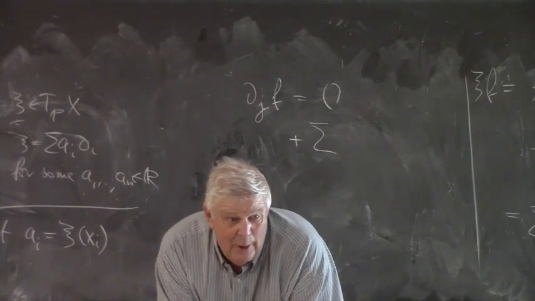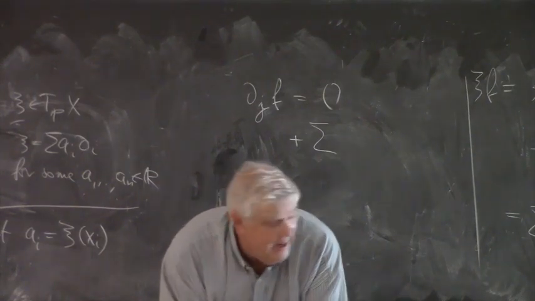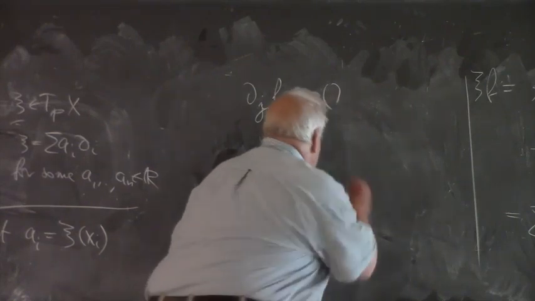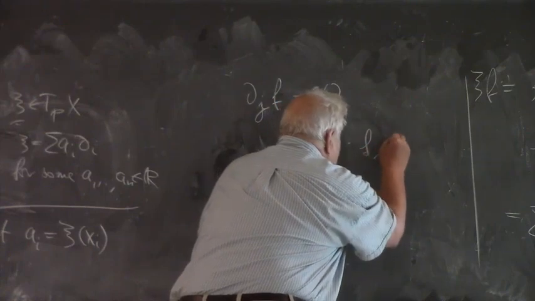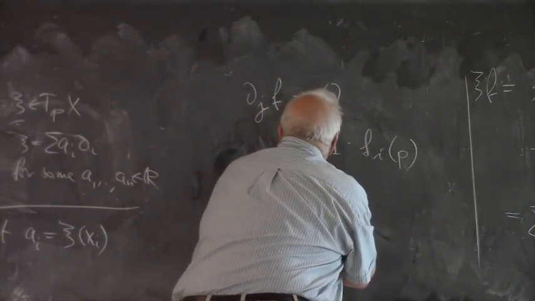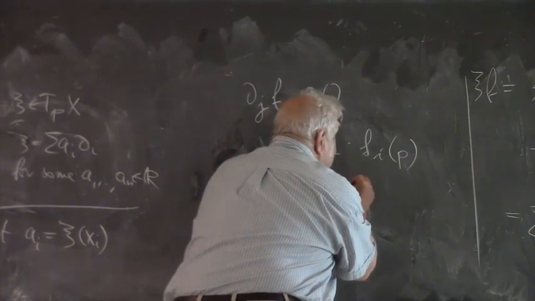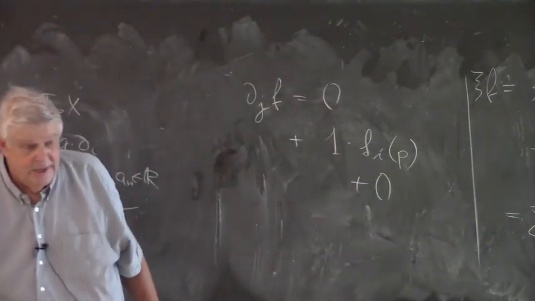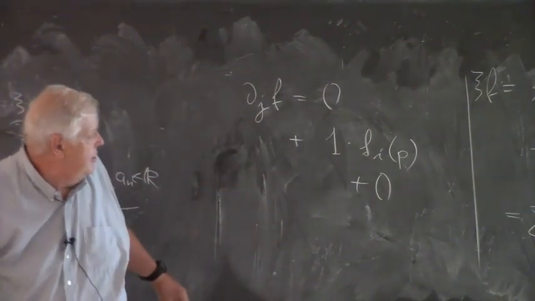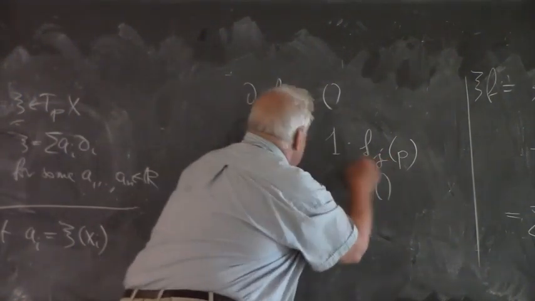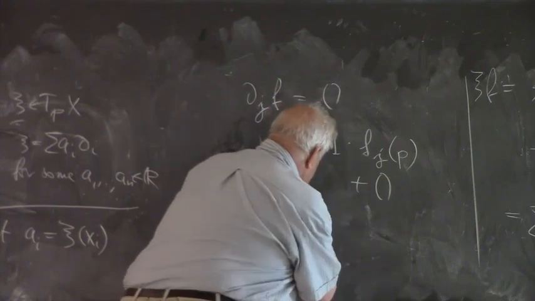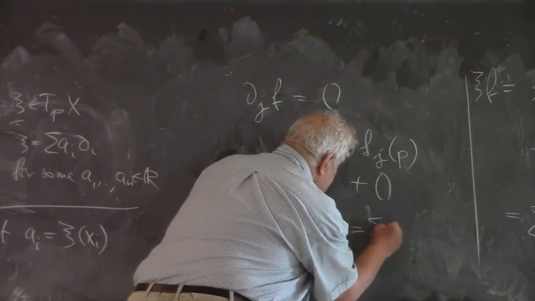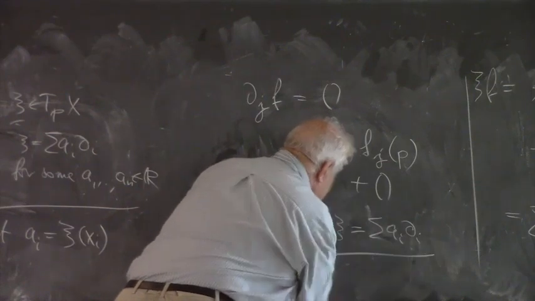I will get 1 if i is j, right? So the whole sum is not a sum anymore. It is just 1 times fj of p. And then 0 is 0. So I see that dj of f is this, which certainly implies, if we compare these two expressions, that yes, C is the sum.